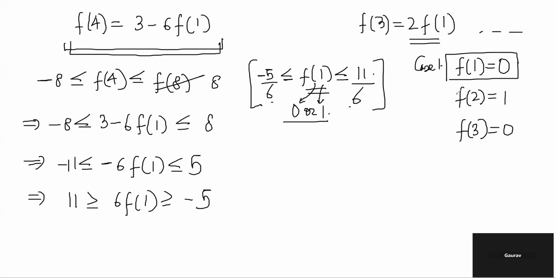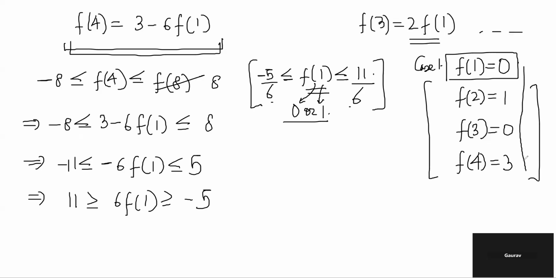And from the third equation, if f of 3 is 0, f of 4 is 3, right? And notice that the function had only 4 inputs, 1, 2, 3, 4. So we have found all the possibilities. So this is one function we are getting in case 1, right?